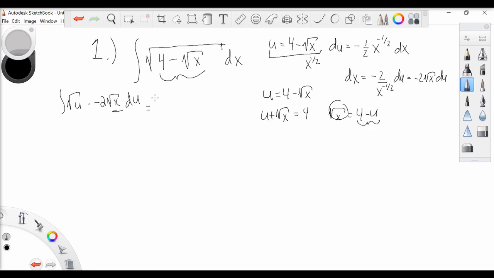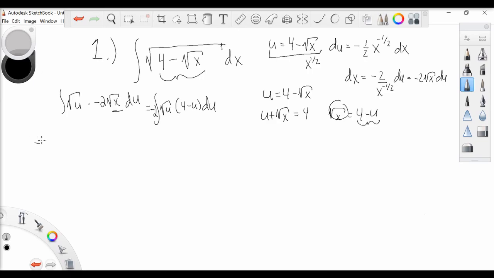So our integral is equivalent to square root of u, and we can bring out the negative 2 because it's a constant, times 4 minus u du. Now we need to rewrite this radical in terms of a power so it's easy to distribute.